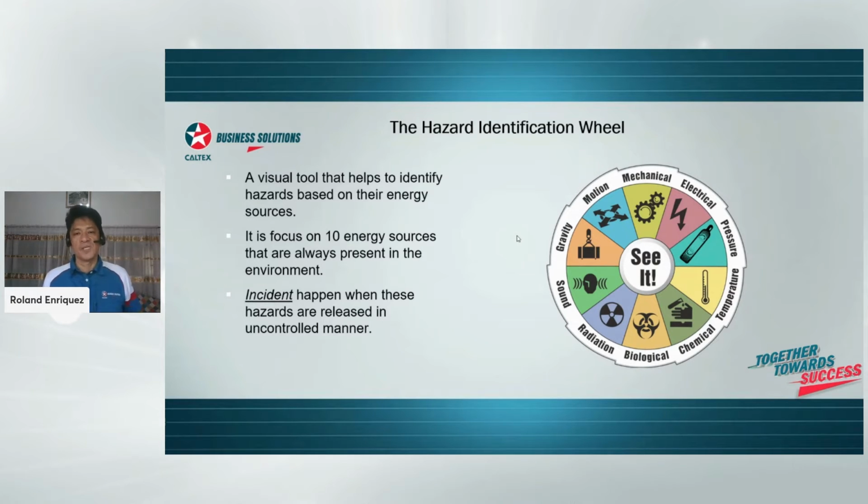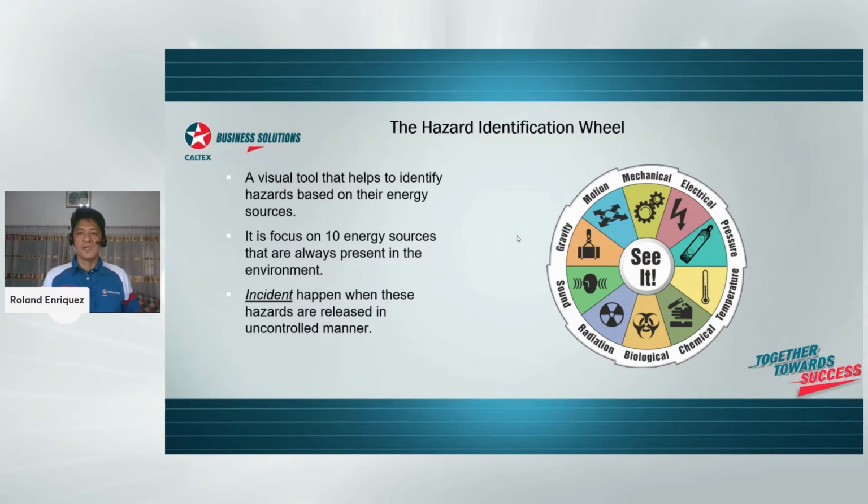Okay. Just to give an example, motion hazard. Motion is like driving a car, right? A car is a moving object, and if the driver commits an error, it has a potential to cause property damage or injury, right? Electrical hazard is another thing.